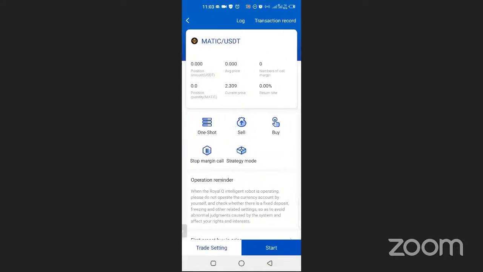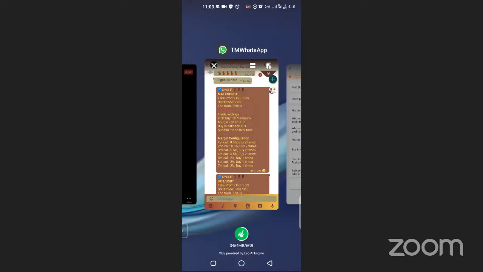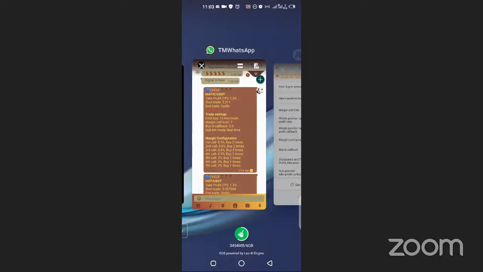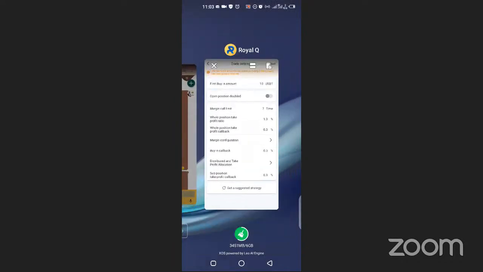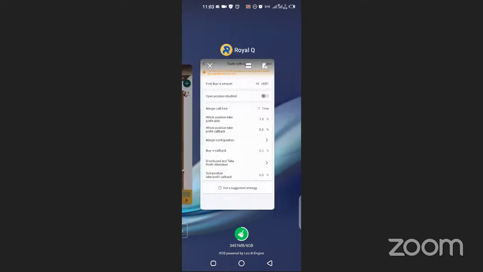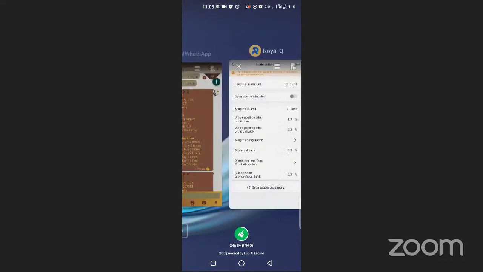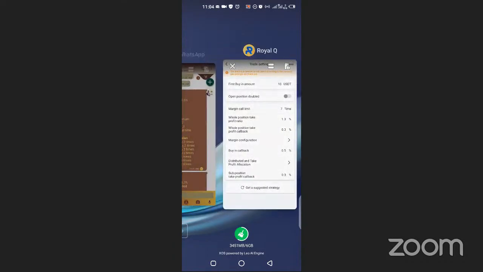Then we tap on the trade settings, right? Then it says take profit 1.3, right? Take profit 1.3. Okay, first buy in amount 10 minimum, right? Keep it there. Margin call 7, right? Buy in callback 0.3, right?